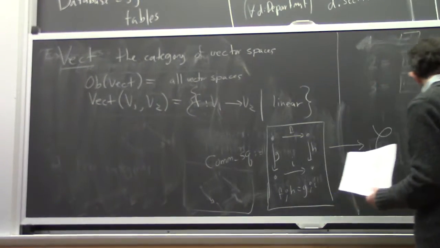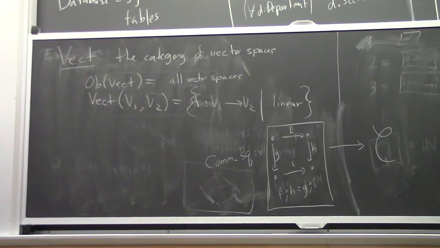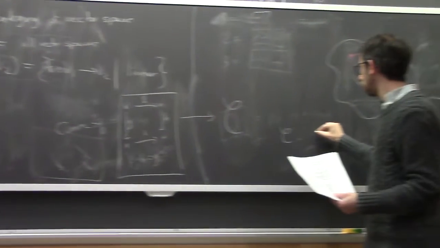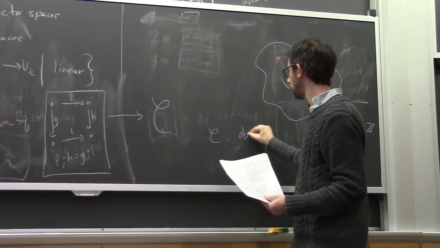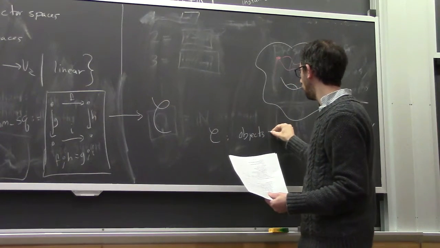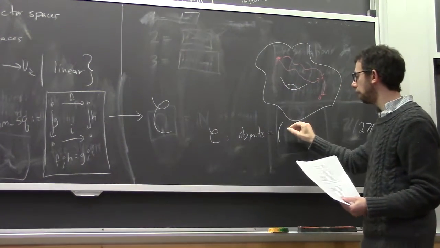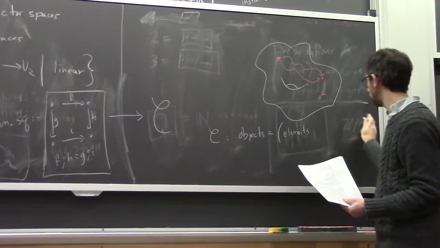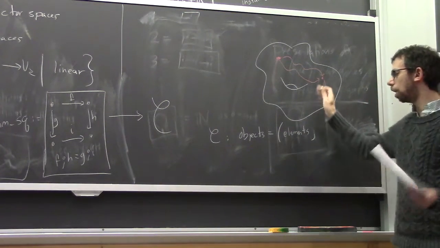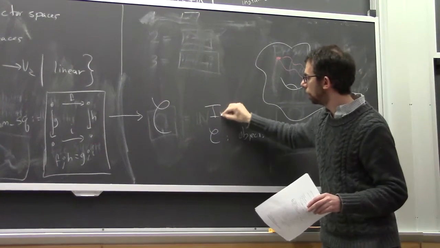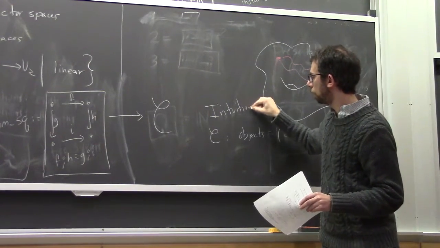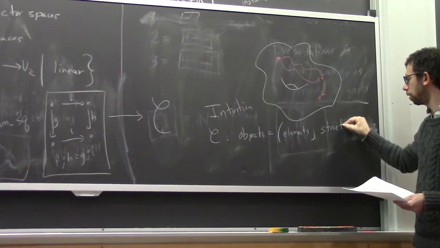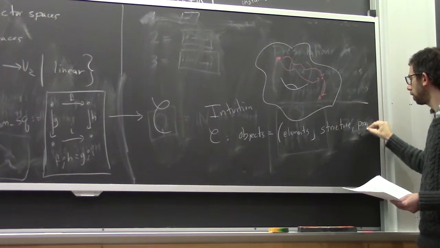So this is the last thing I was going to say today. So for each kind of category, the objects are kind of tuples of some elements of some sort. This is all just for intuition purposes only. Elements, structure, and properties.